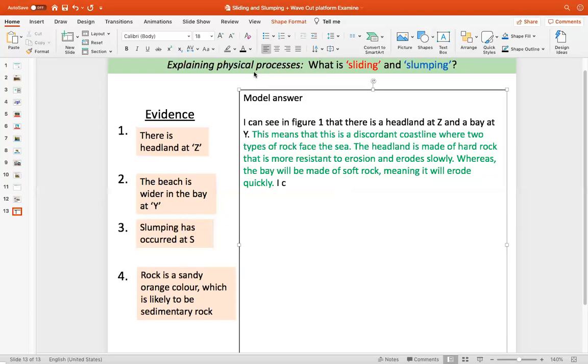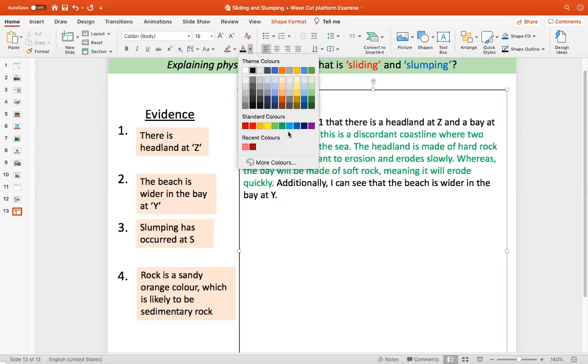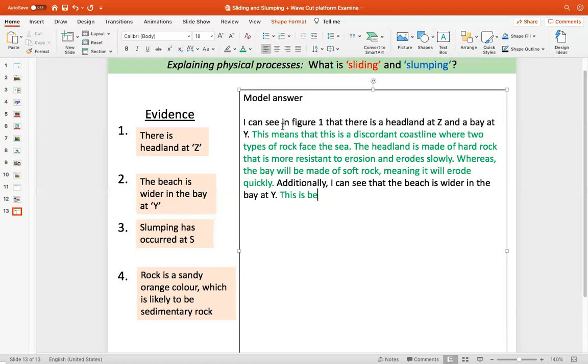Additionally, I can see that the beach is wider in the bay at Y. This is because, so I'm now explaining why that is, the waves that hit the headland lose energy and become constructive waves.